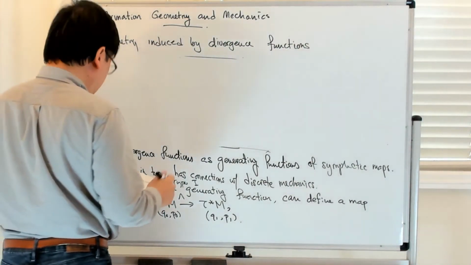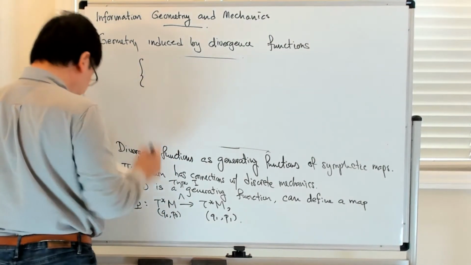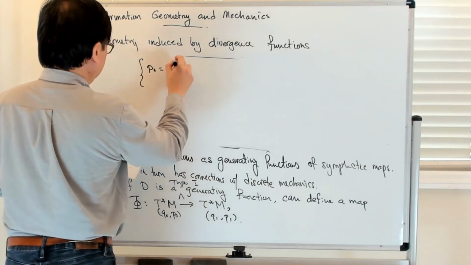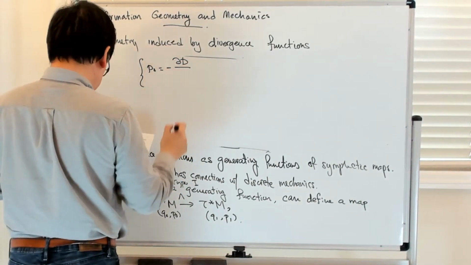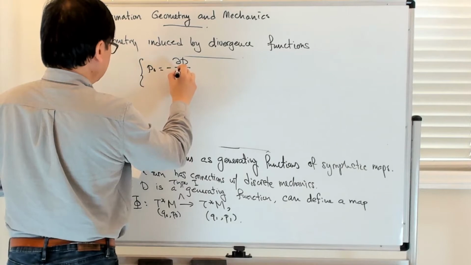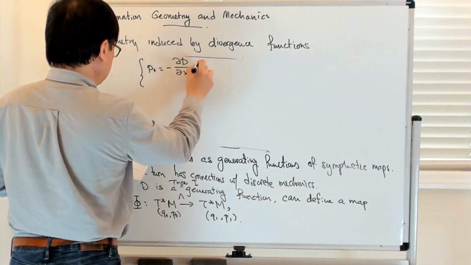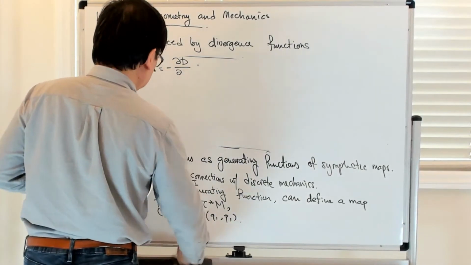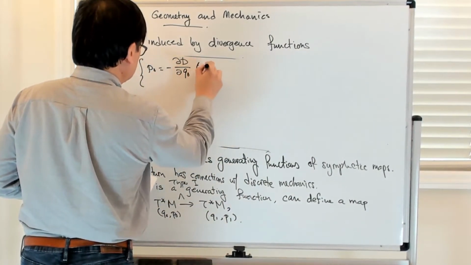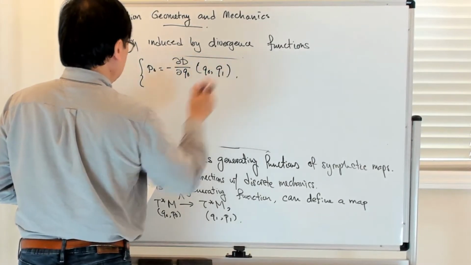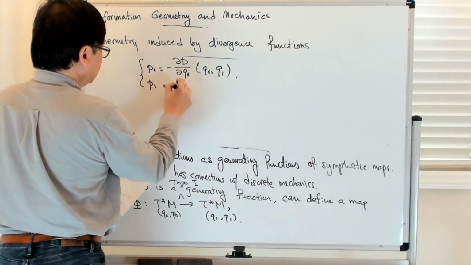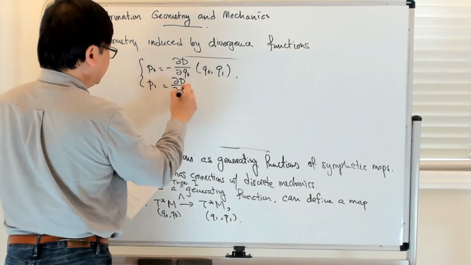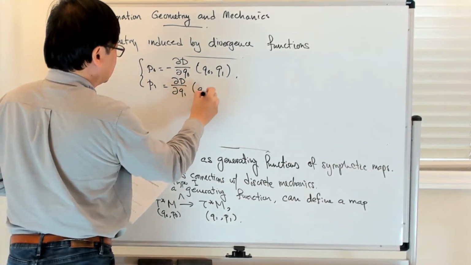So the map is implicitly defined by these equations. P0 is equal to negative the partial derivative of D with respect to the first argument, Q0, evaluated at Q0, Q1. And then P1 is equal to the partial derivative of D with respect to Q1, of Q0, Q1.